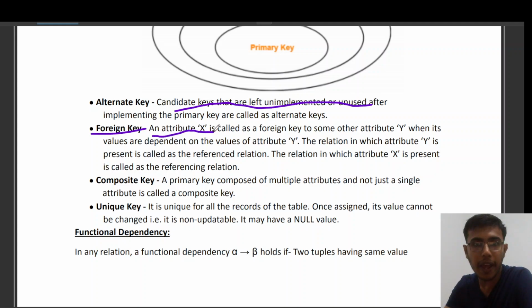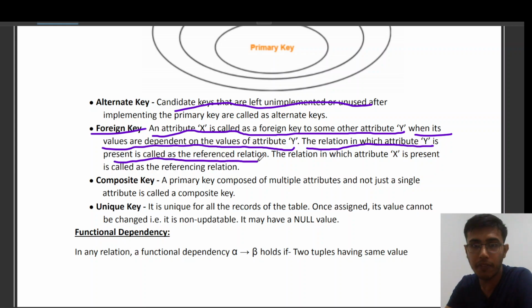An attribute X is called a foreign key to some attribute Y when its values are dependent on the values of Y. The relation in which the attribute is present is called the reference relation. What is a foreign key?